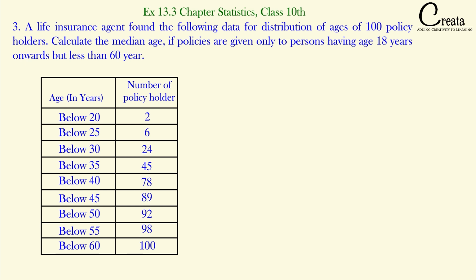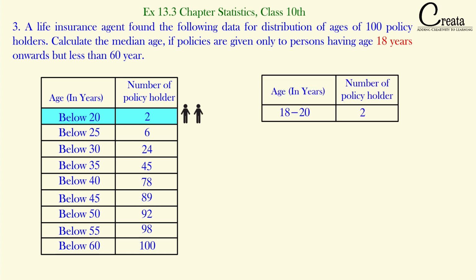Here let's understand the first two rows and try to interpret the data. The first row shows we have two policy holders who are below the age of 20. And in the question it is given that the minimum age to have the policy is 18 years. So we can say we have two policy holders in the age group of 18 to 20.